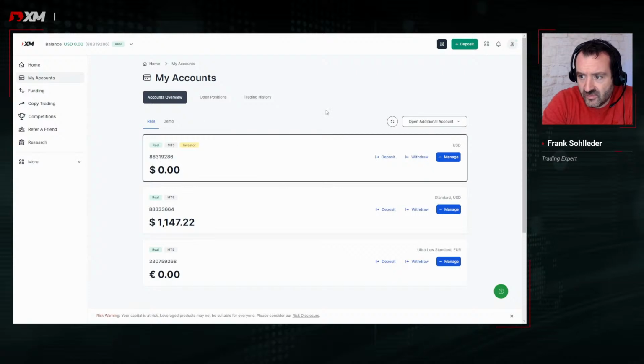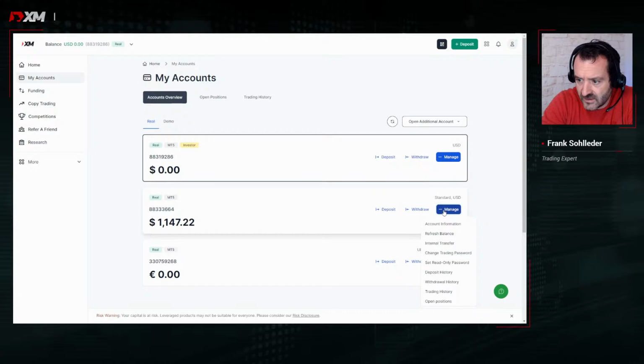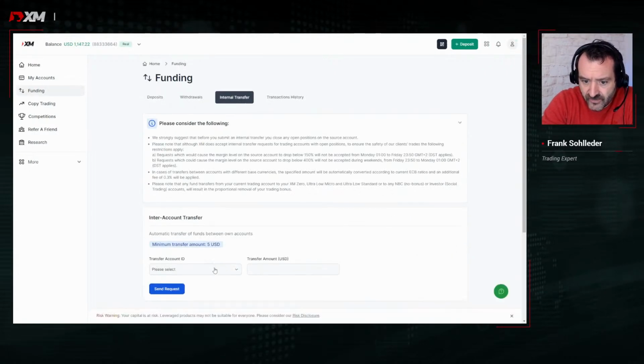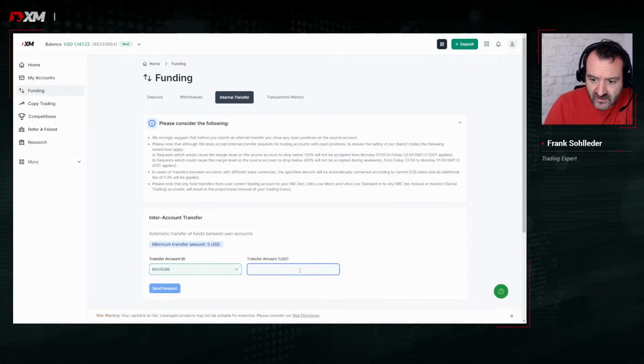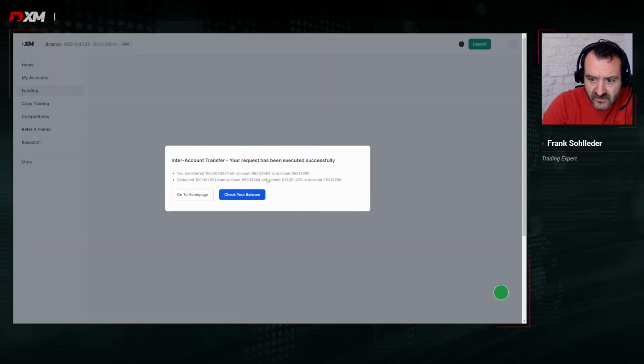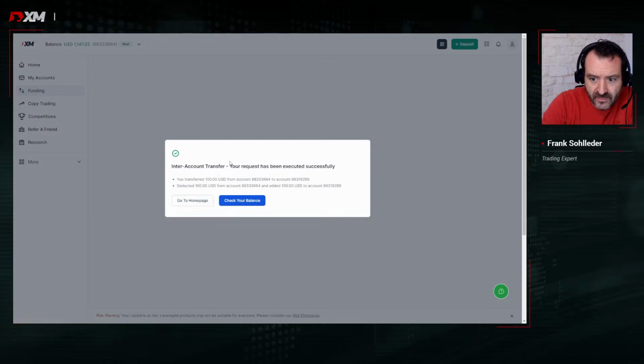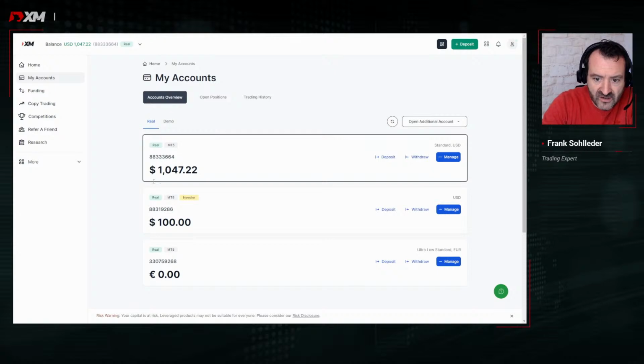So on this account, I need to make an internal transfer to the 68, and I transfer here now $100, and I send a request. Check the balance, and you see that I've now transferred $100 from my trading account to the investor account.